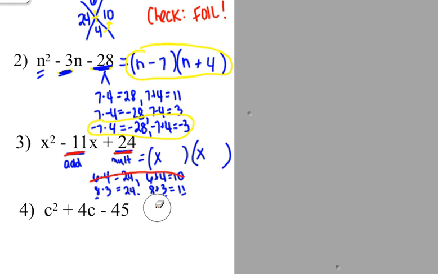So for our factors, let's instead try negative 8 times negative 3, which still gives me a positive 24. However, negative 8 plus negative 3 now gives me a negative 11, and I finally have found my match to my problem. And so my final answer is x minus 8 times x minus 3.